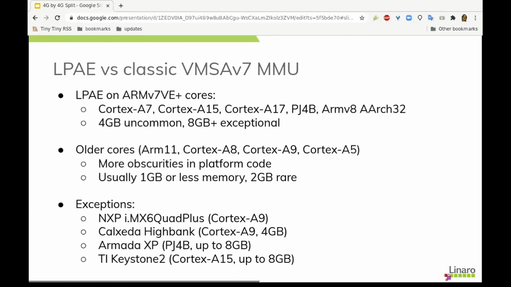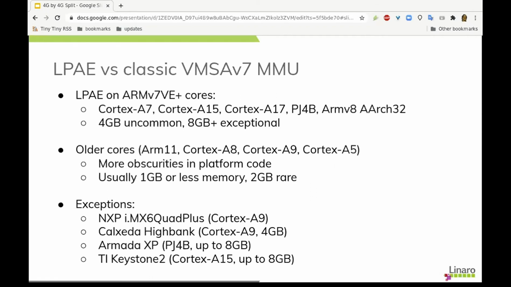And then there's the modern cores, ARMv7VE, which is Cortex-A7, A15, A17, and a couple of others, and anything ARMv8 and higher. As I said, 4 GB is already fairly uncommon, but there are important systems that use it, and there are even some systems with 8 GB that we will still have to support at least for another few years before the existing users move off of them.